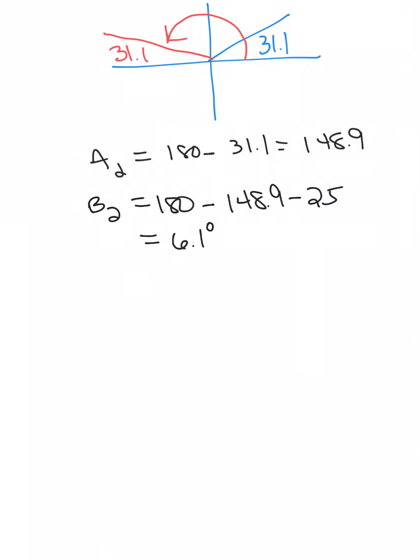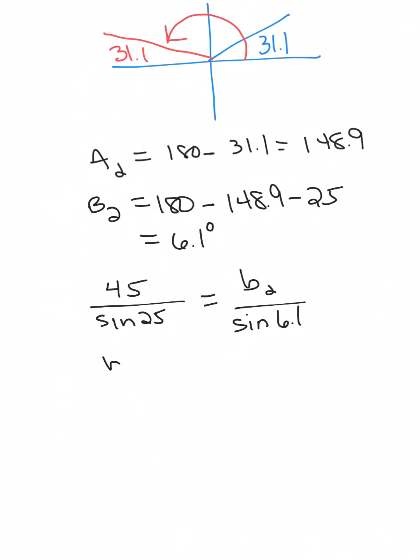Now we know angle A sub 2, which we didn't know. We know angle B sub 2, which we didn't know. The thing that we are still missing is side B sub 2. So we're going back to our given information of 45 over the sine of 25, our given pair, equals B2 over the sine of the angle B2, which we just said was 6.1 degrees.